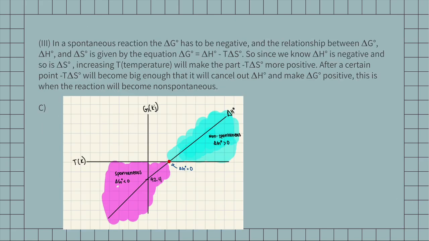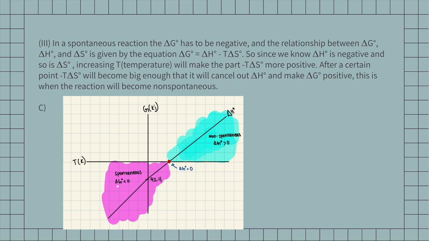And then for part 3, in a spontaneous reaction, the delta G has to be negative, and the relationship between delta G, the change in enthalpy, and the change in entropy is given by the equation, as it can be seen. Since the change in enthalpy is negative and so is the change in entropy, increasing the temperature will make the second part of the equation more positive.